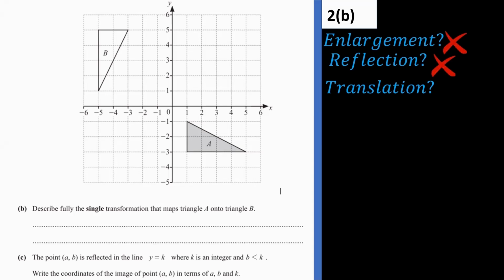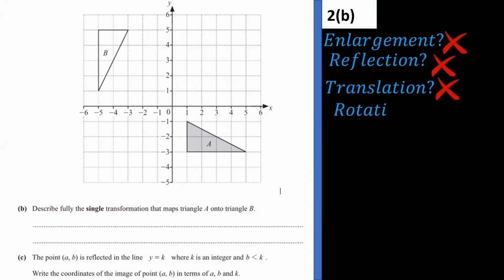And so translation does not turn an object over to get the image. It results in a gliding or sliding movement to produce the image. So this is not translation. So we cross out translation.